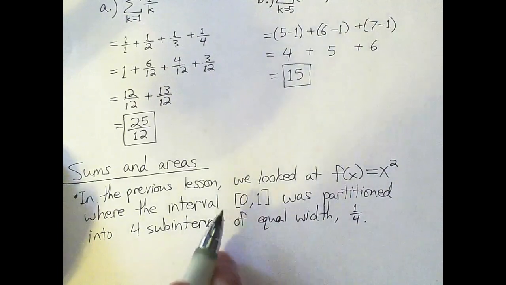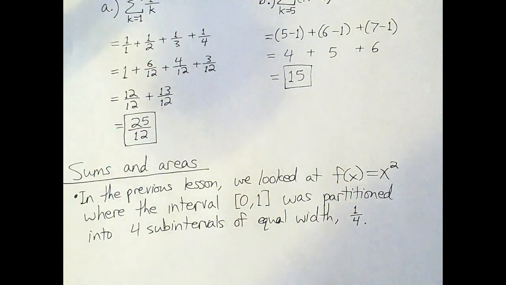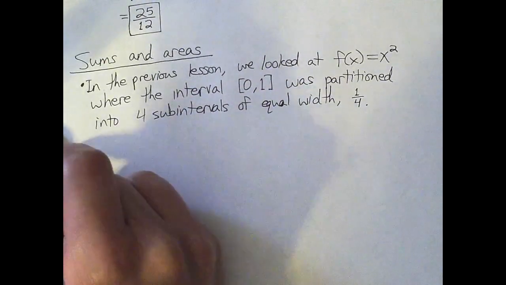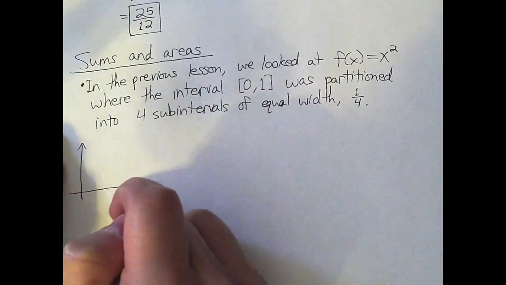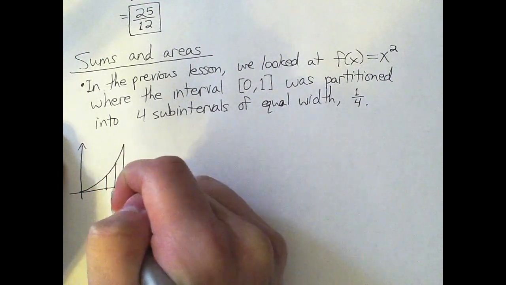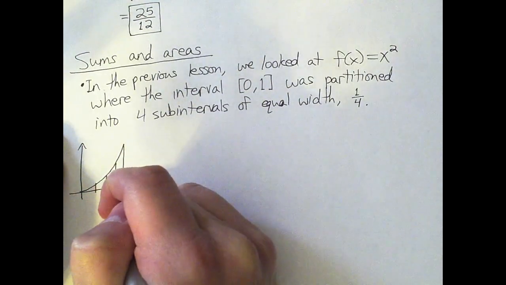I mean, if you divide that interval into 4 equal subintervals, then they have to have one-fourth as their width so that they all add up to the total distance of 1. And we drew the picture a bunch of times, but one last time we'll draw it. Real quick sketch. It looked like this, right? And we turned this into rectangles.